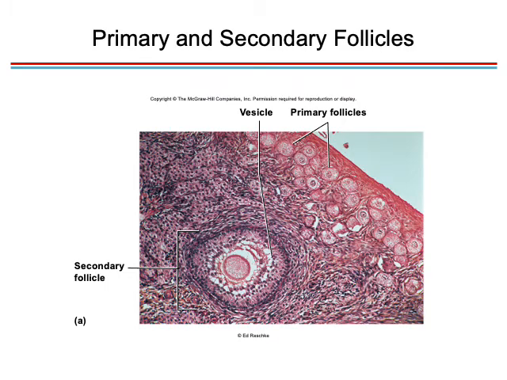Okay, this is again showing you this nice light micrograph showing you the primary follicles on the surface. You can see there's a single cell layer that surrounds the primary oocyte. Again, one will develop into the secondary follicle, and in the middle is the secondary oocyte.